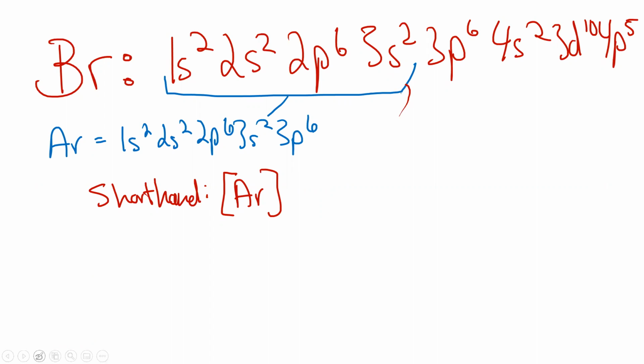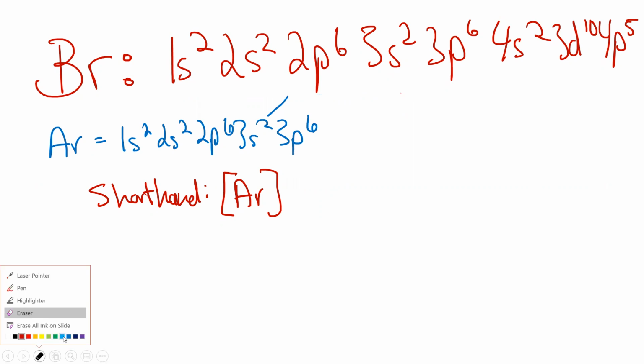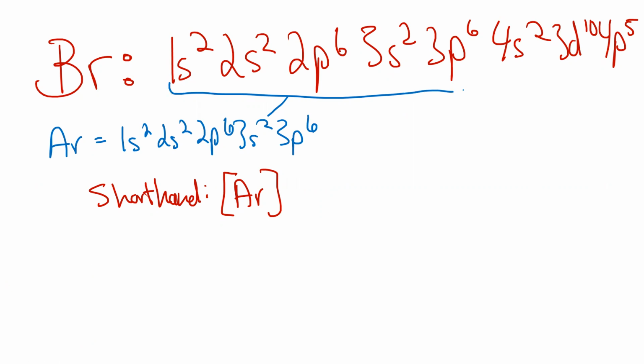So getting this right, everything up to 3p6 right there, as you can see here. And then finally, the last bit, 4s2, 3d10, 4p5. Okay.